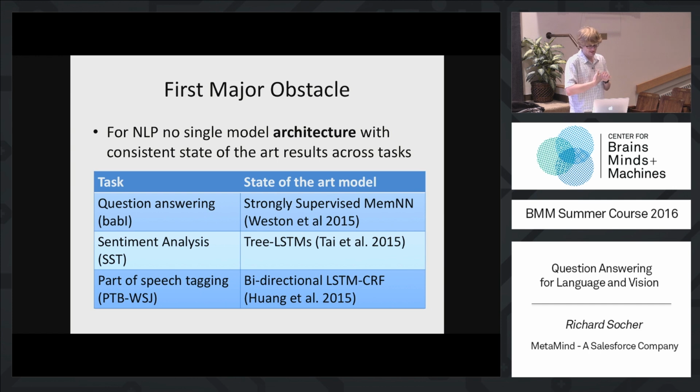Sentiment analysis had tree LSTMs, so tree-structured long short-term memory architectures from Kai-Sheng Tai. And part of speech tagging had a bidirectional LSTM-CRF model. So we may see that all of them are now somewhat neural, or have at least that in their title, but they're all different kinds of architectures.